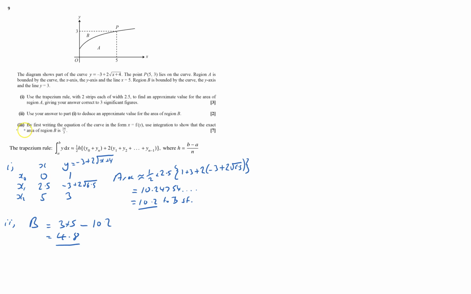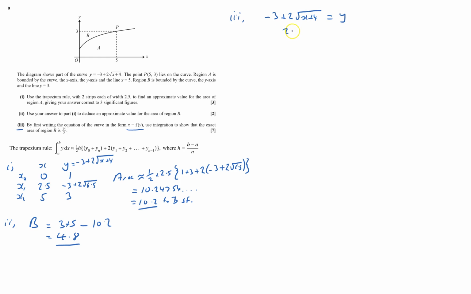And part 3, by first writing in the form x equals some function of y, which I've got to do, use integration to show the exact value. So I first got to do this, and I'm going to do it up here. So first off, got to rearrange it. Since I've got to have it x equals, I'm going to put the x on the left hand side to start off with. So -3 plus 2 root x plus 4 equals y.